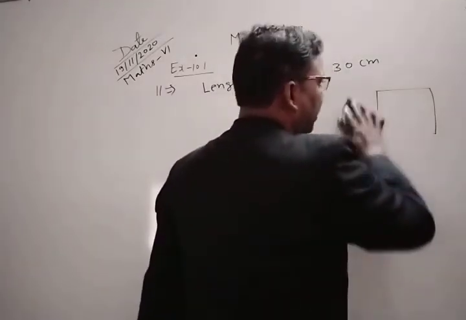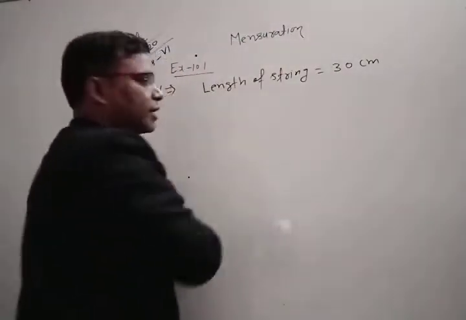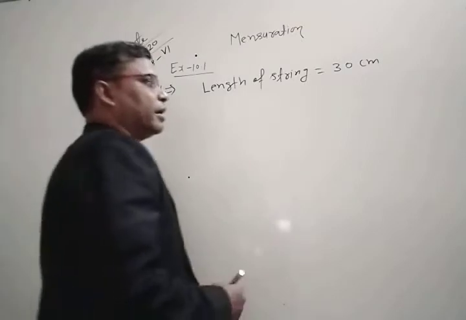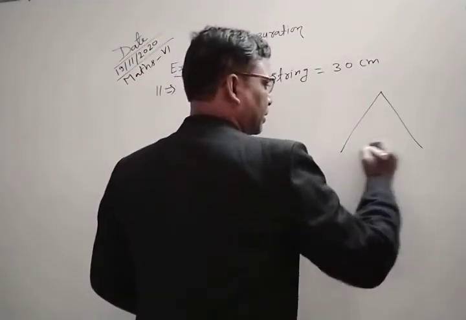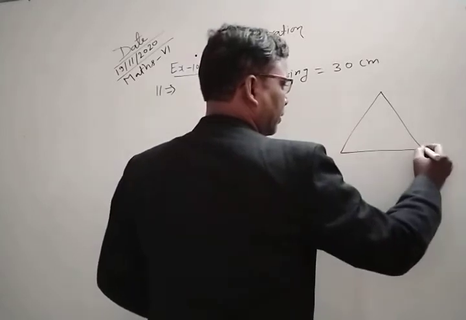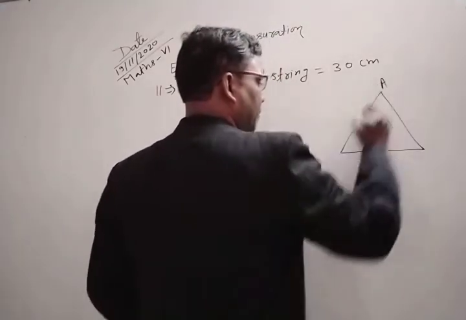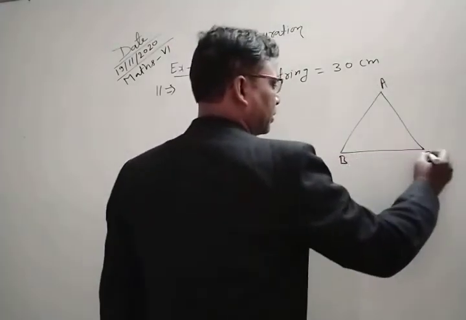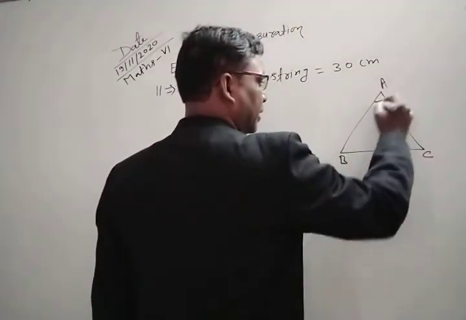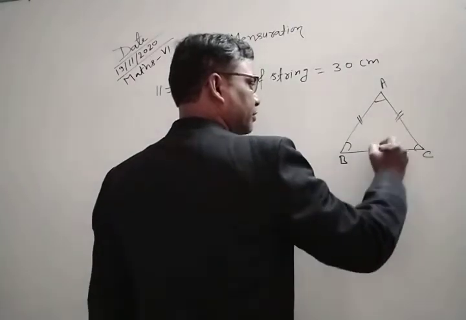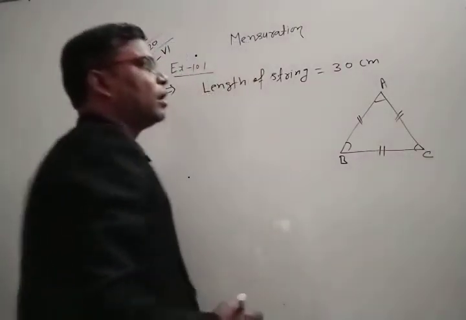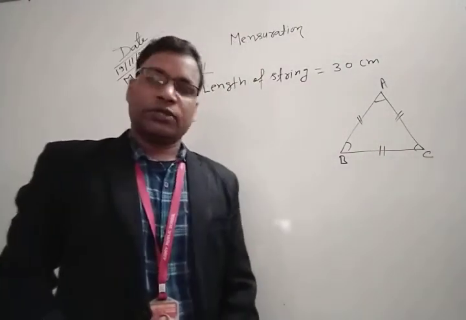This is a triangle, it has 3 sides. Clear? A, B, C. It has 3 sides, 3 angles. In an equilateral triangle, all sides are equal, and all angles are also equal.